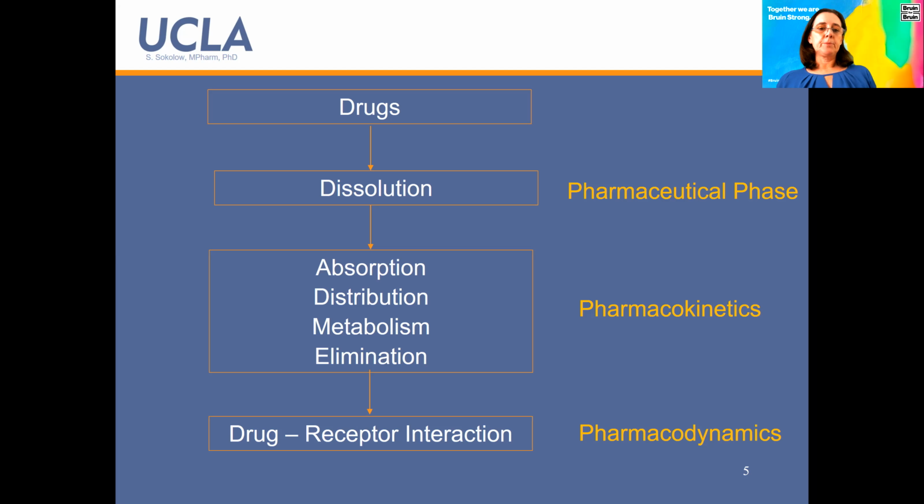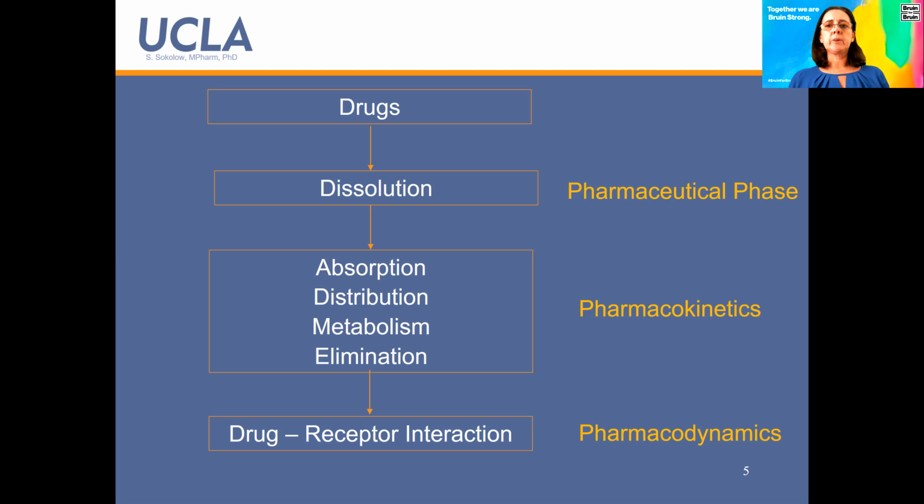And after the absorption, the drug goes from the GI system to the bloodstream, and there reaches the target. And you also have the metabolism and elimination process that are going to take part in eliminating the drug from our body, from our system.